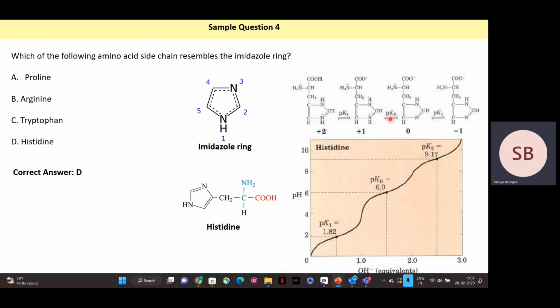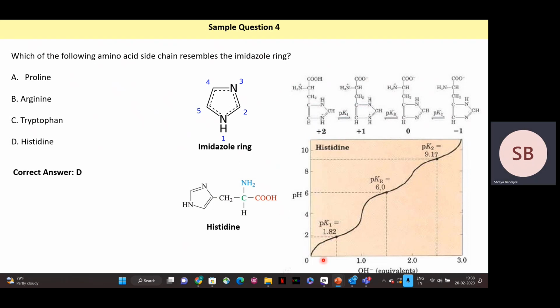In acidic environments, this histidine imidazole ring gets protonated and the net molecule has a charge of +1. And this happens at pKa values around 6. At even lower pKa values, meaning more acidic conditions, this COO- will also get protonated. This happens at pKa 1.82, and the molecule has a net charge of +2.